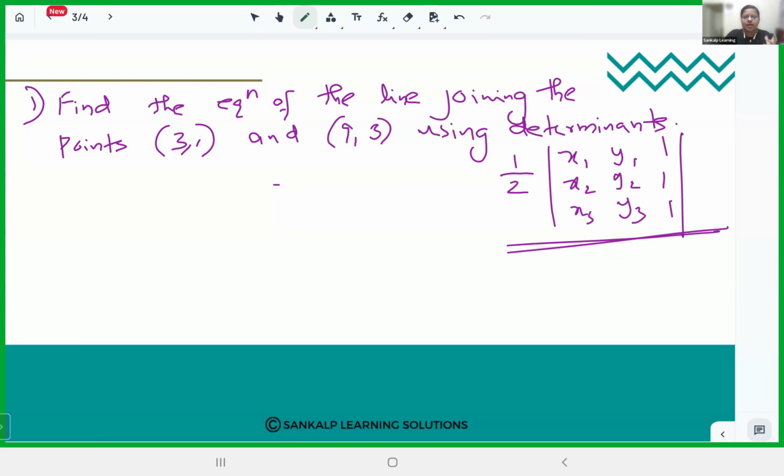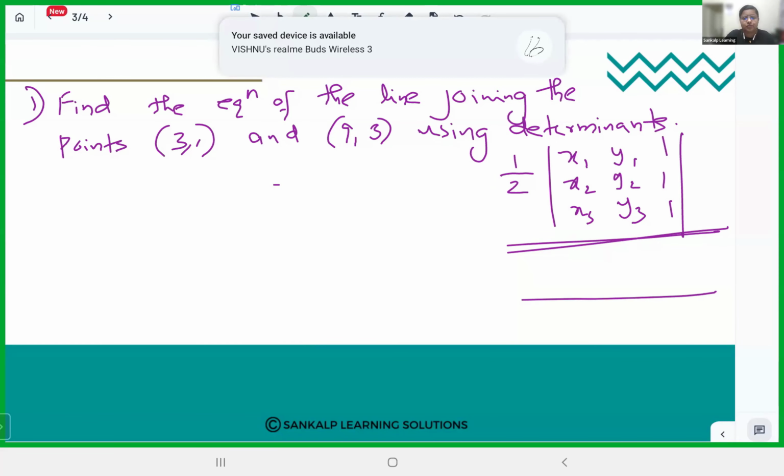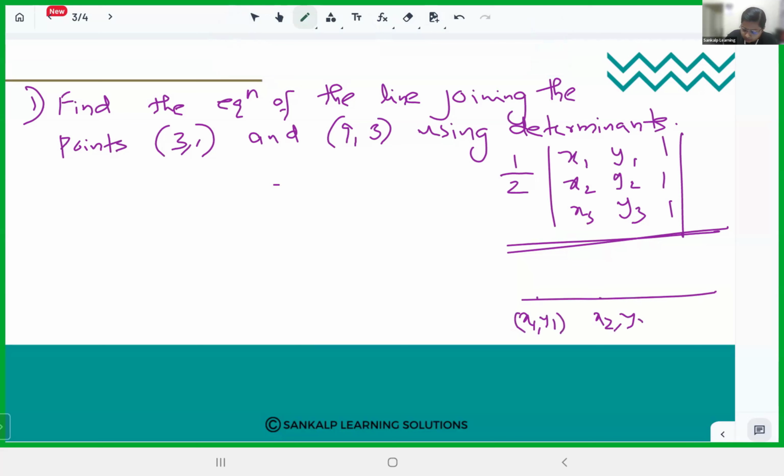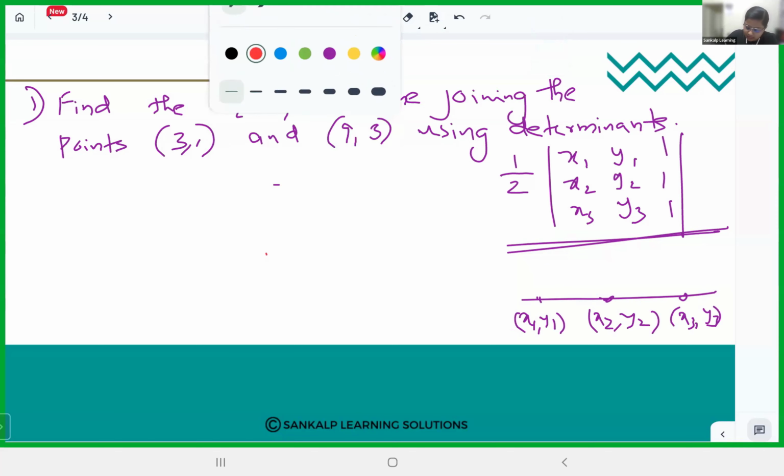Right? Okay, now what happens to the points that are on a line? If the 3 points given are on a line, that is x1, y1 is here, this one is x2, y2, this one is x3, y3, can you form a triangle using these 3 vertices?